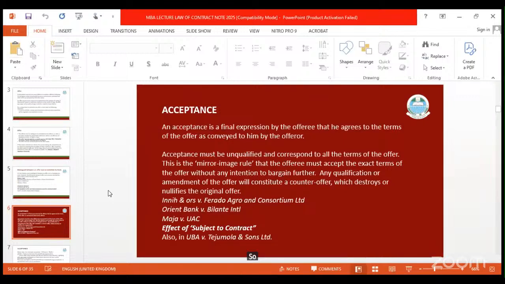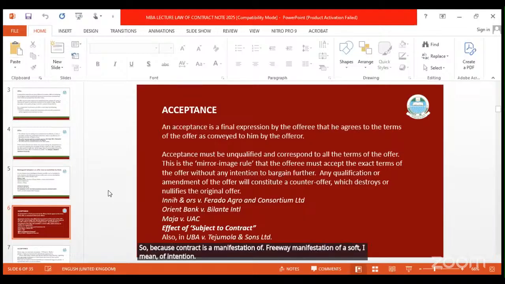So because contract is a manifestation of free will, a manifestation of intention, acceptance also has to be final. In other words, it has to correspond with the terms of an offer. So you could see there acceptance is a final expression by the offeree that he agrees to the terms of the offer as conveyed to him by the offeror.